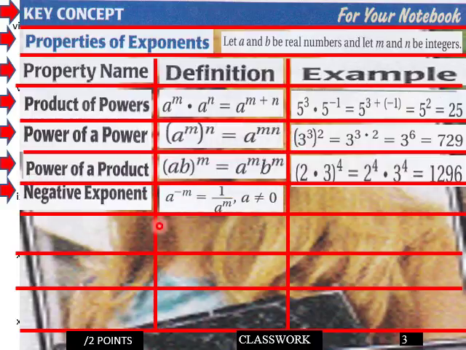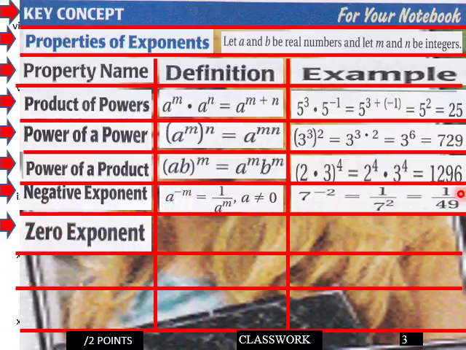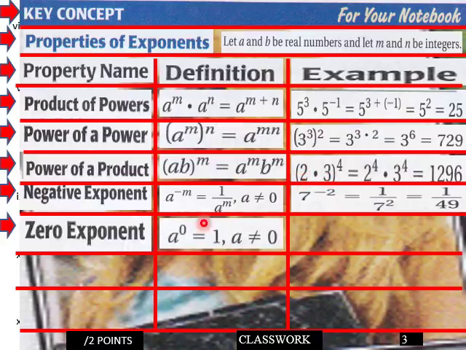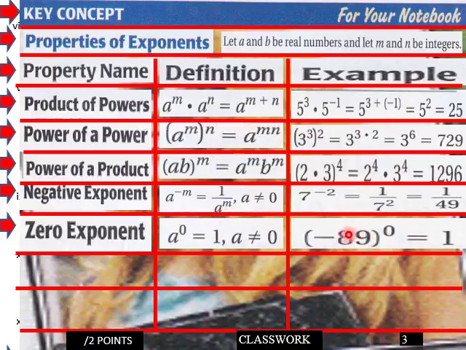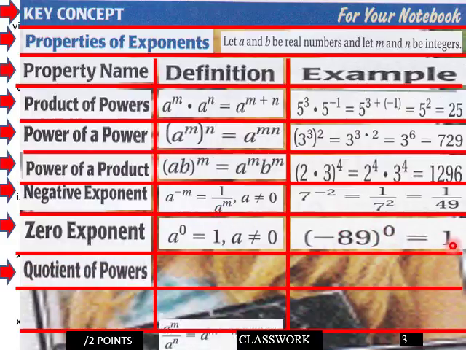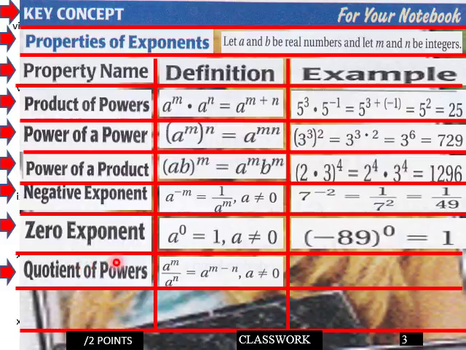Negative exponent. Here, it's a reciprocal of this power, and here's a numerical example of that. And then zero exponent, negative 89 to the 0 equals 1. And quotient of powers, with a to the m minus n. Here, a to the m minus n, and here is a numerical example of that.